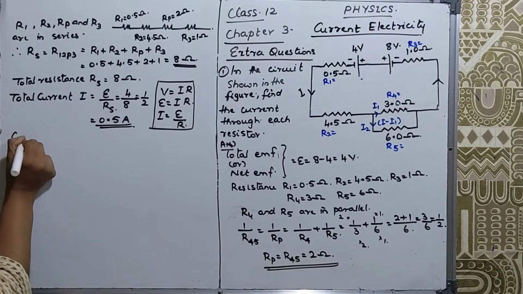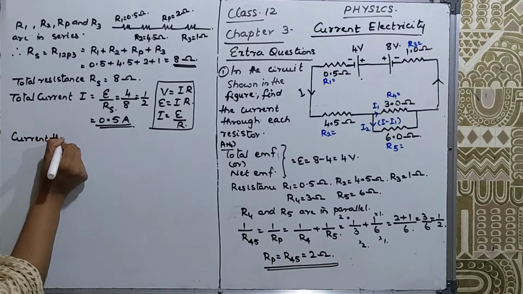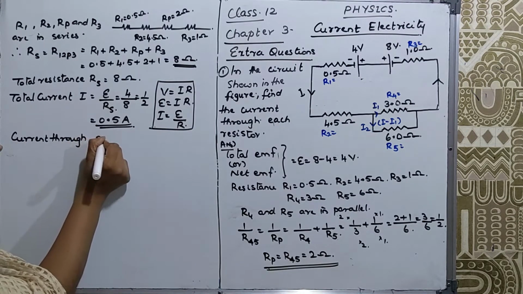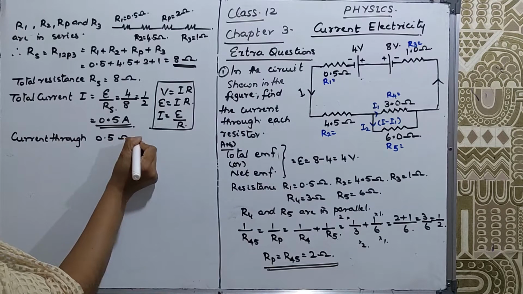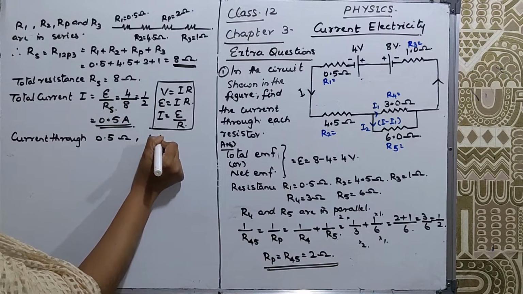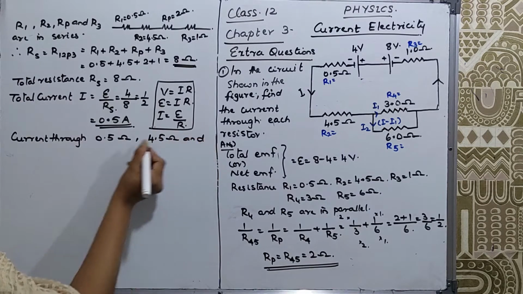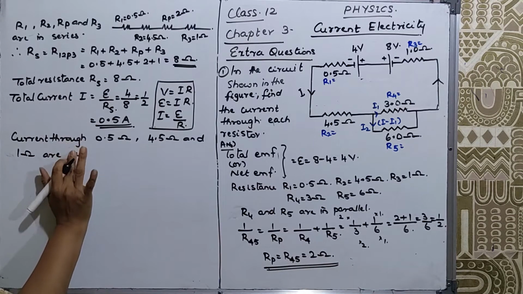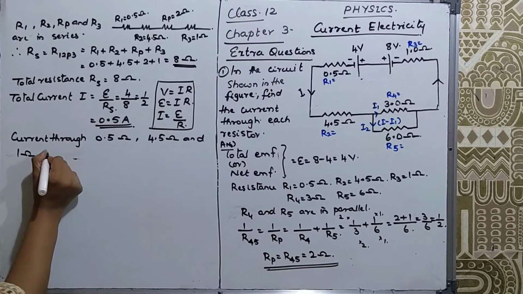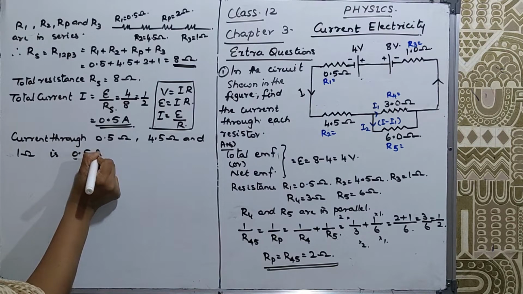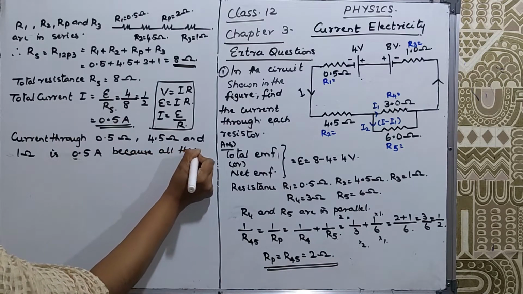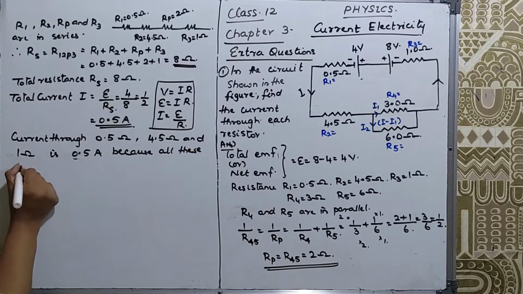So the current through R1, 0.5 ohm, 4.5 ohm and 1 ohm are the same, that is 0.5 ampere, because all these resistors are in series.